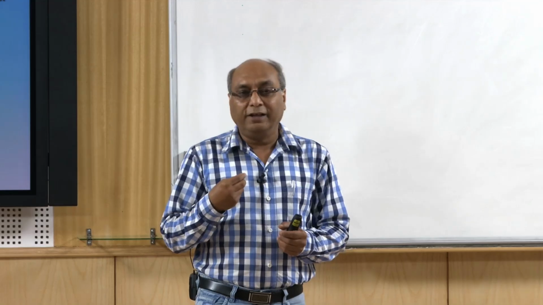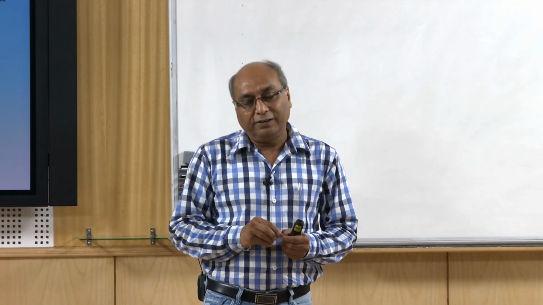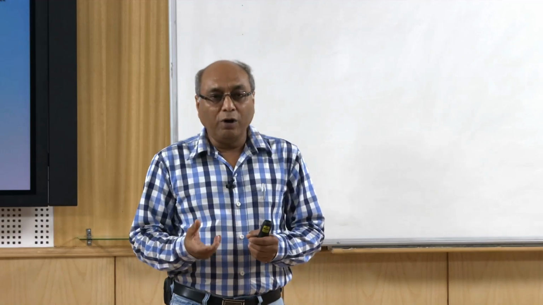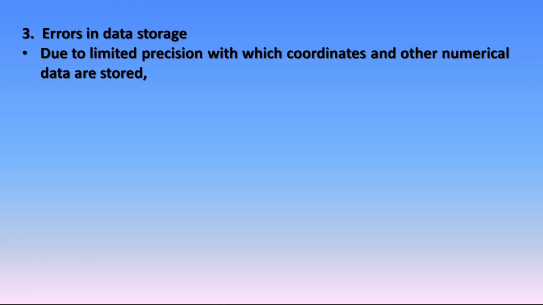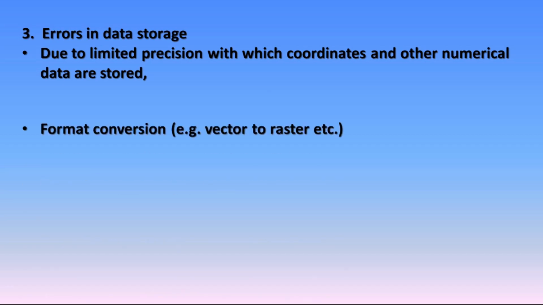If you have kept it as just a simple number without any decimal places, then you are truncating your data, and therefore the precision of your data will get reduced. So that is why, due to limited precision with which coordinates and numerical data are stored, and format conversion.